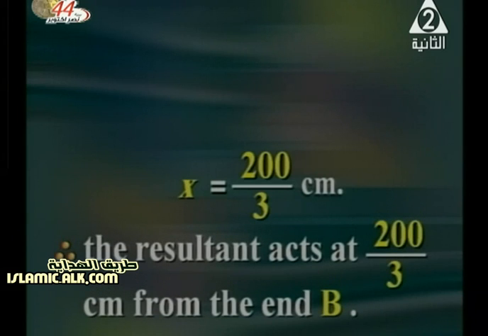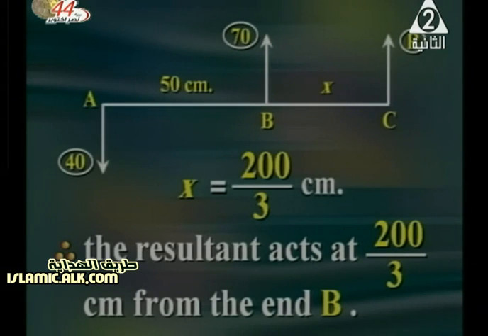The resultant acts at 200/3 centimeter from the end B. If we have two forces 40 and 70 in the opposite direction, the resultant R equals 70 minus 40 equals 30. This value of R, 30 Newton, acts at 200 over 3 centimeter from the end B.